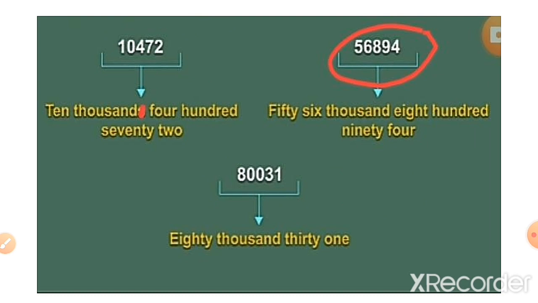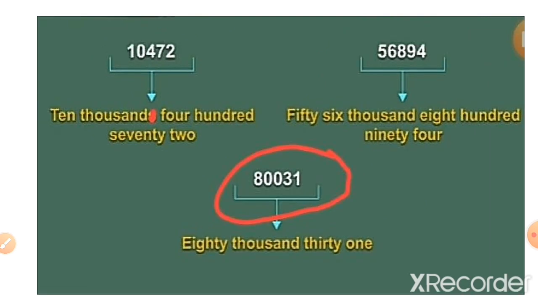This is a 5-digit number. And how will you read this number? 56,894. Look at this number, 80031. How will you read this number? 80,031.